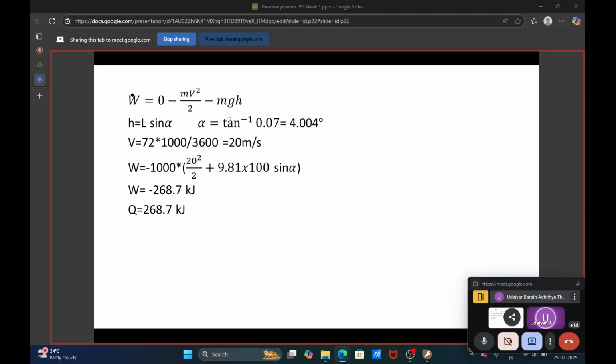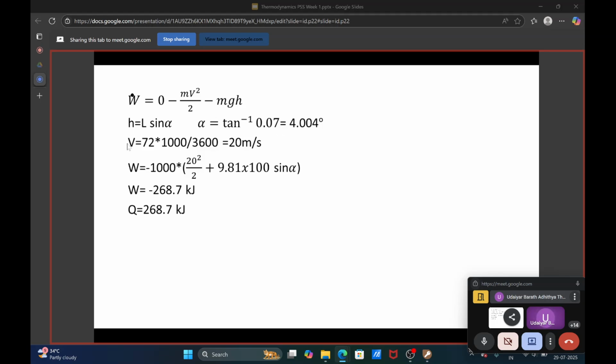So initially what you have is some potential energy and some kinetic energy. So you have mv square by 2, which is the kinetic energy, and mgh, which is the potential energy, and you're bringing it to 0. For doing this you require some work. So this is your simple physics work energy interaction, energy balancing.